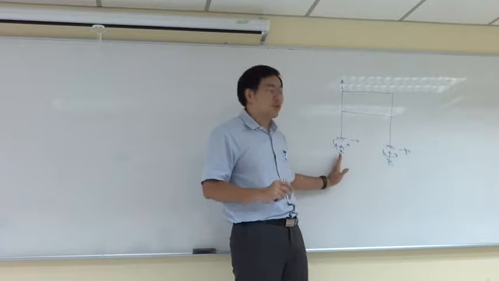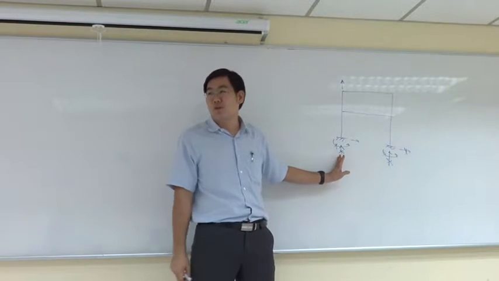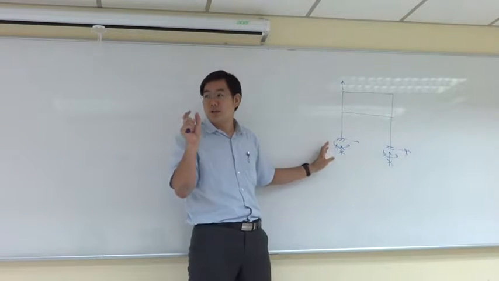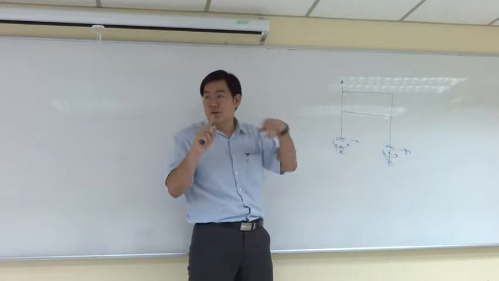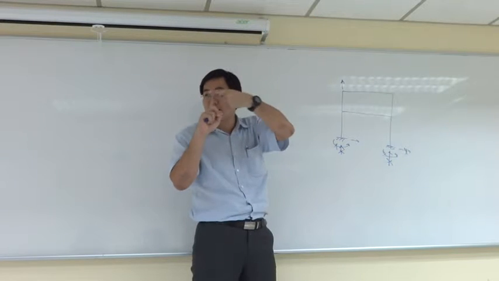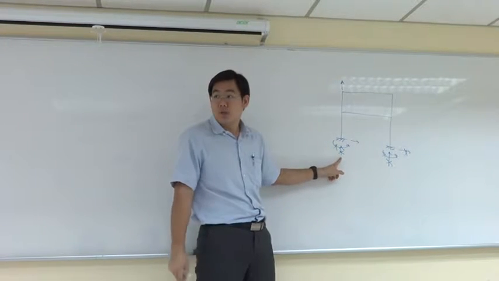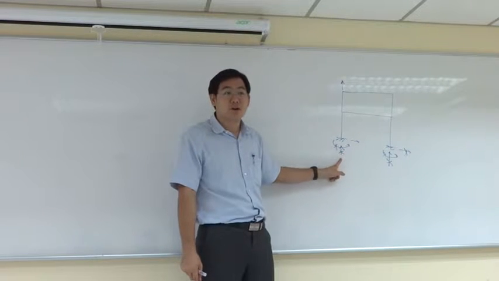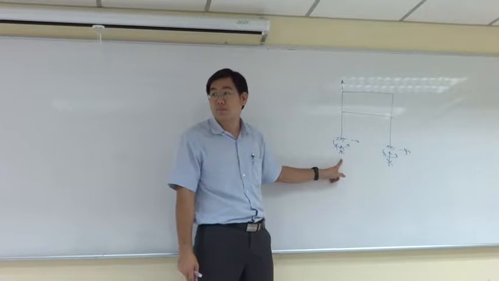Because we know that at this node there is no vertical displacement. So the two additional rows and columns, maybe one row and one column, will be eliminated by enforcing this boundary condition.